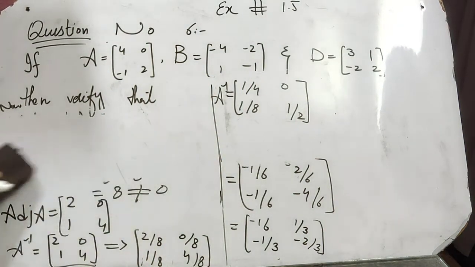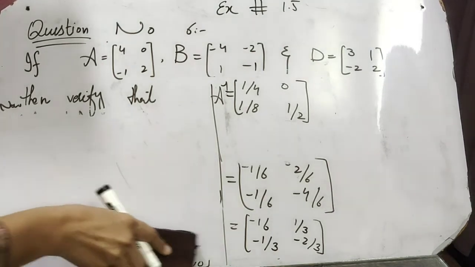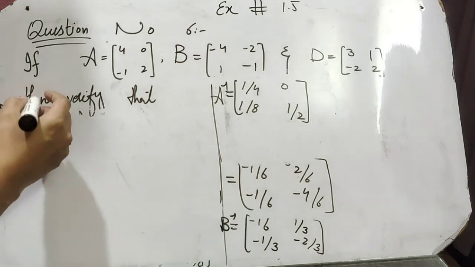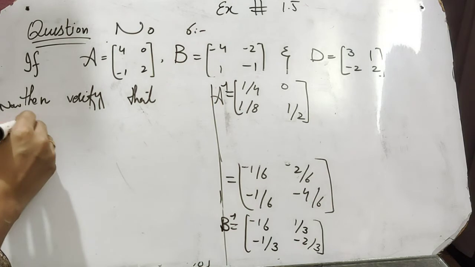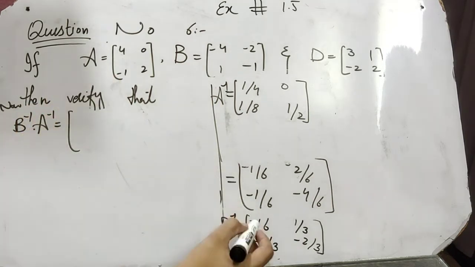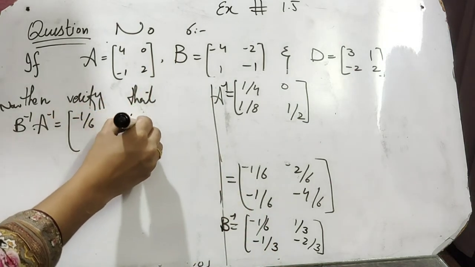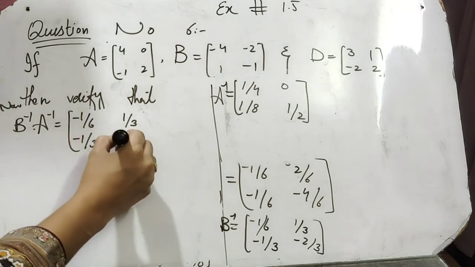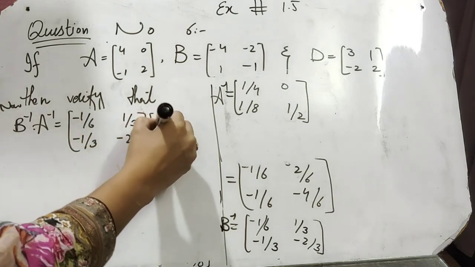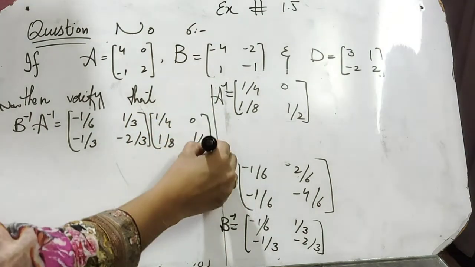Now we multiply B inverse by A inverse. This is the value of B inverse. So now we multiply B inverse into A inverse. We get -1 by 6, 1 by 3, -1 by 3, -2 by 3, multiplied by 1 by 4, 0, 1 by 8 and 1 by 2.